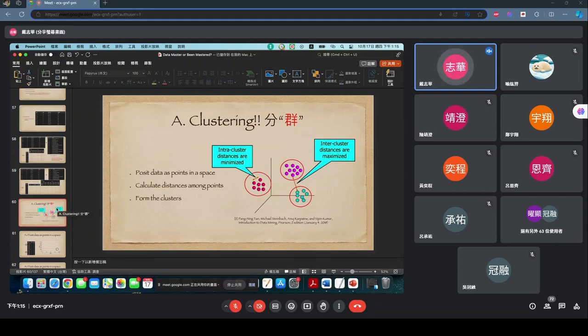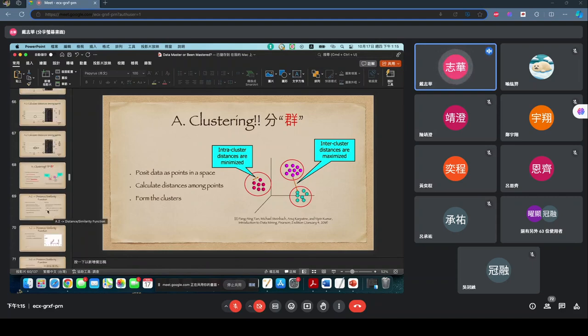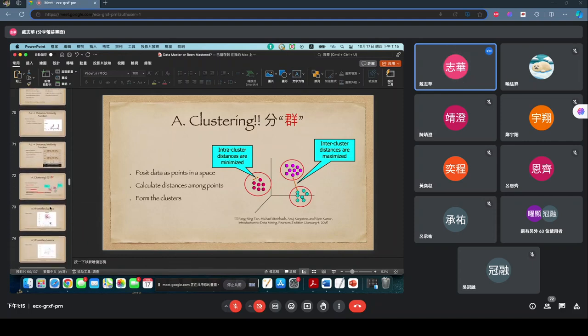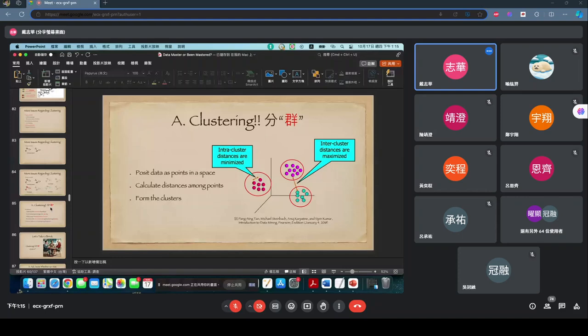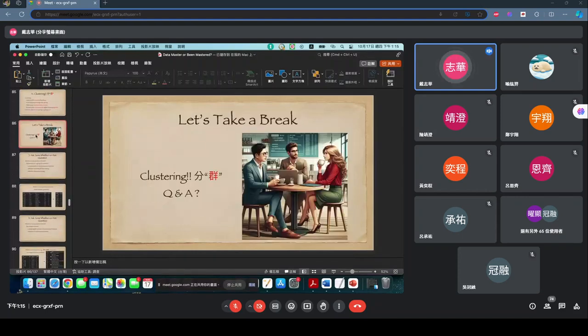To deal with this kind of task properly, we need to define what is called similar. So we need to determine a proper similarity function first. I believe we already talked about those things.